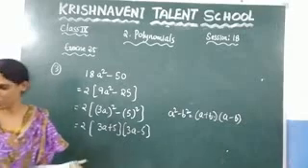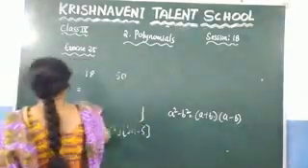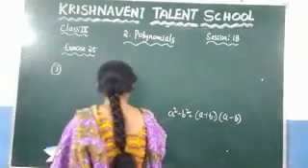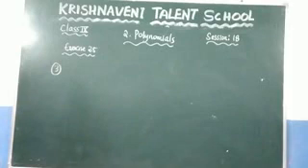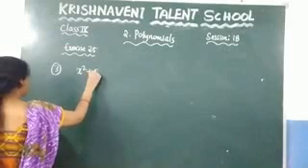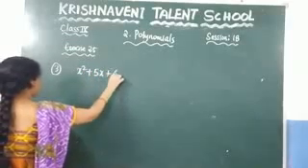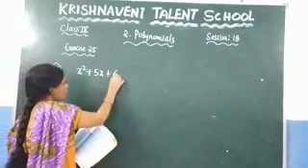Now see the next problem. x square plus 5x plus 6. So here which identity can you apply in this problem?